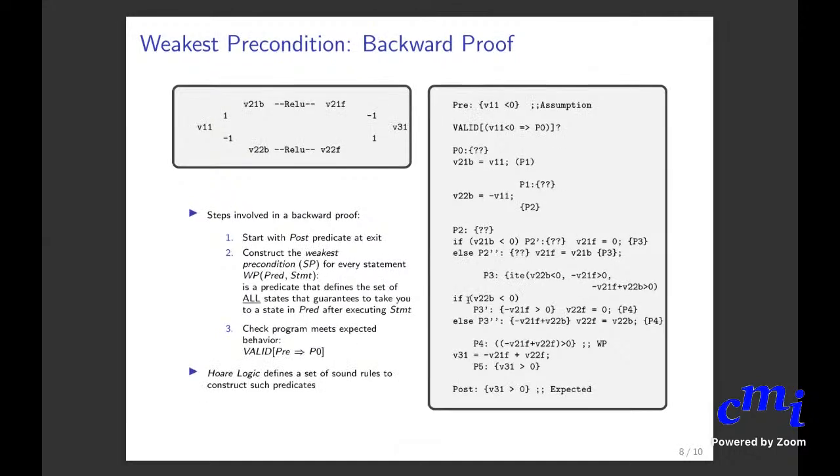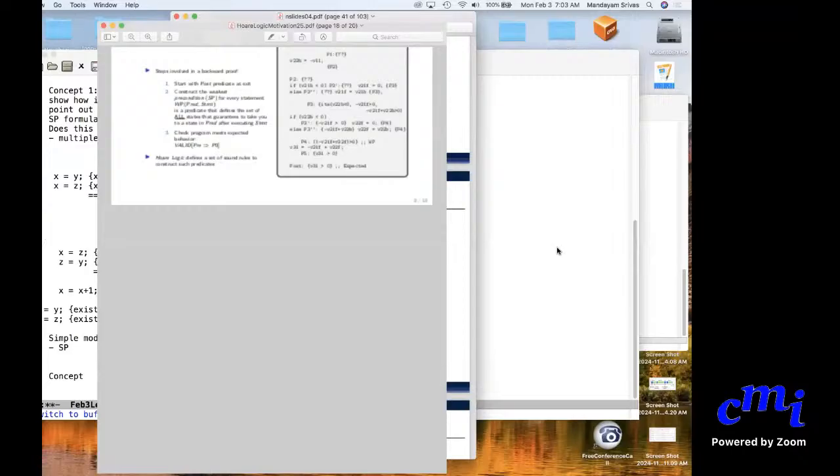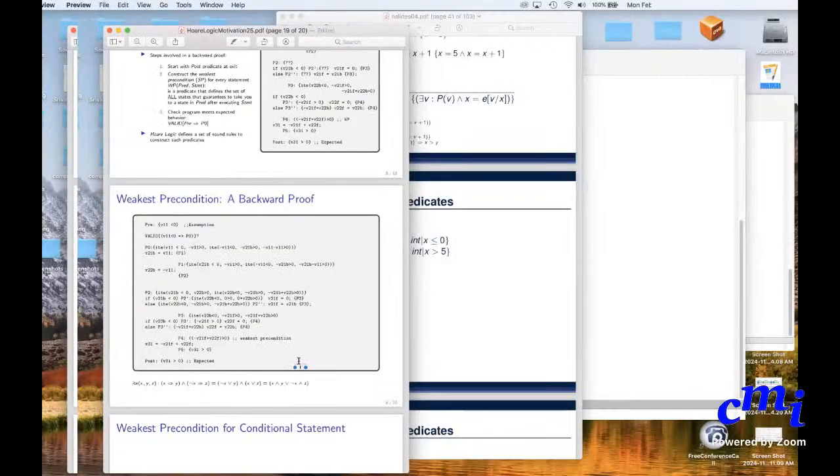That's another rule of Hoare logic, which gives you how to calculate the weakest precondition for any predicate, and then you can reduce this proof of correctness into a calculus where you can repeatedly calculate the weakest precondition.